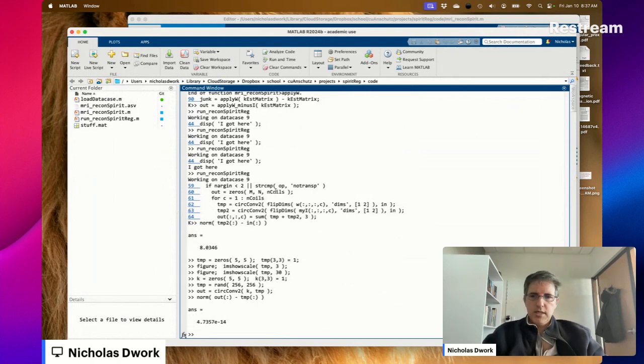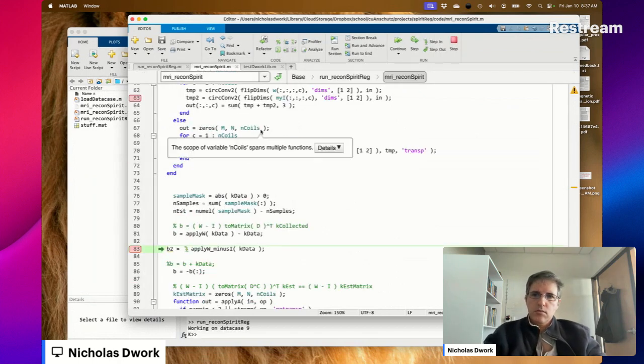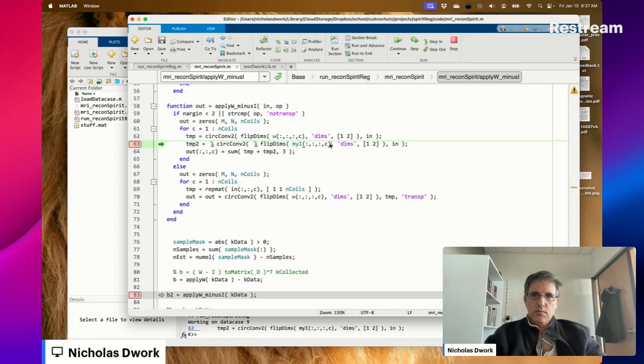That's numerical precision. Okay, that's what I expected. The only difference is then the sum. What is this?